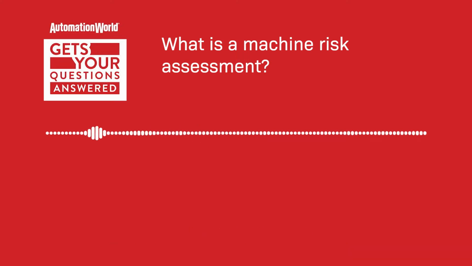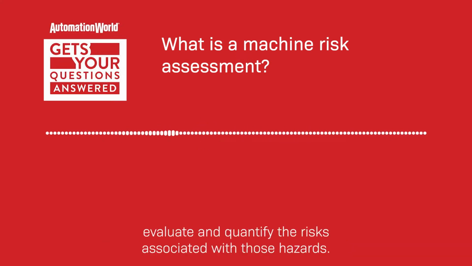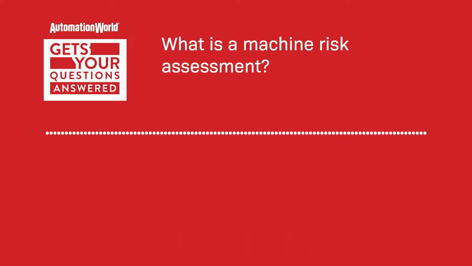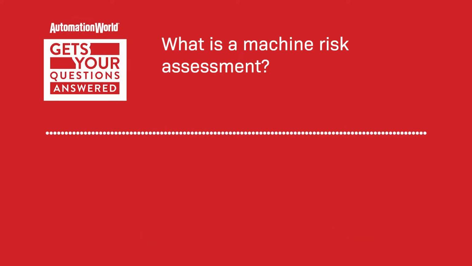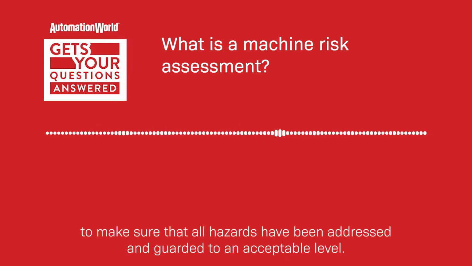Reasonable foreseeable hazards, to evaluate and quantify the risks associated with those hazards, and then also to provide a solution to eliminate or minimize exposure to those hazards, and essentially also re-evaluating to make sure that all hazards have been addressed and guarded to an acceptable level.